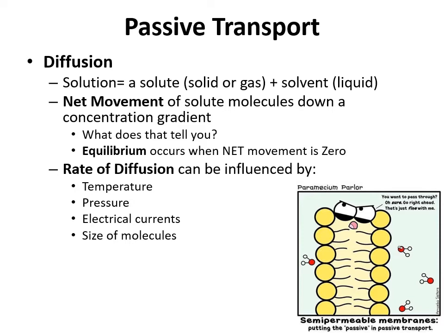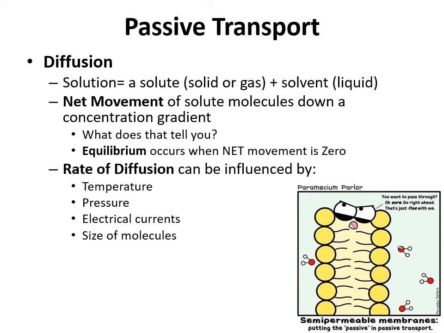So now diffusion is moving solutes, which are those particles in the cell, and you are moving them in a way that is down a concentration gradient, meaning high to low, the natural gradient. And we call it net movement. It's net because even though you'll see molecules bouncing in both directions of the gradient, ultimately more of them are going from high concentration to low concentration.